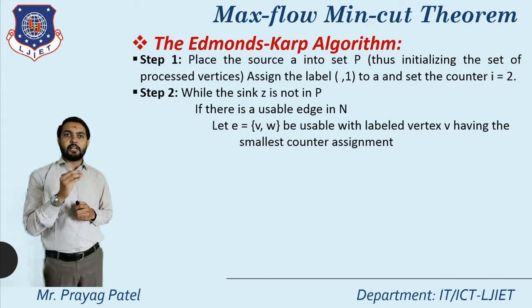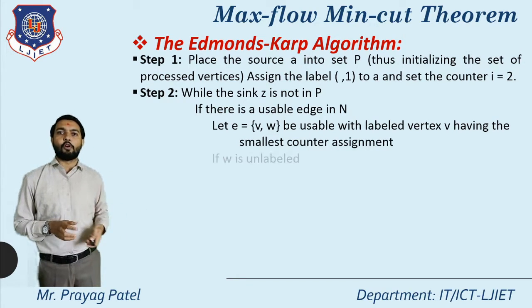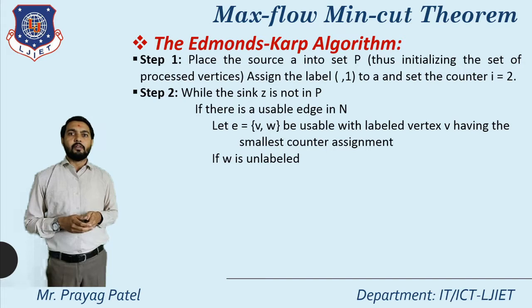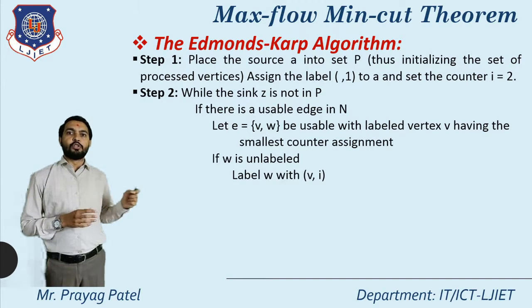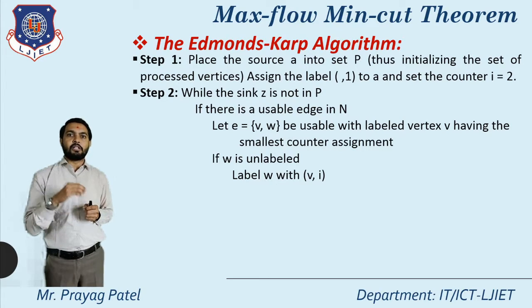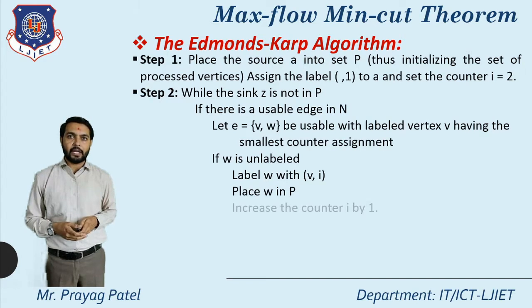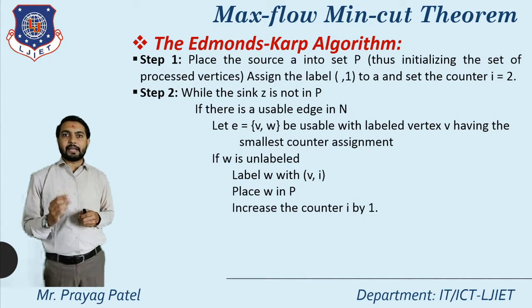So here we consider the sequence number, the count number, and according to the count number we follow the sequence. If W is unlabeled, then we can use W. Then label W with V, I: V as its parent and I as its count. Place W in P. So initially P has one node, and now we add W to P.